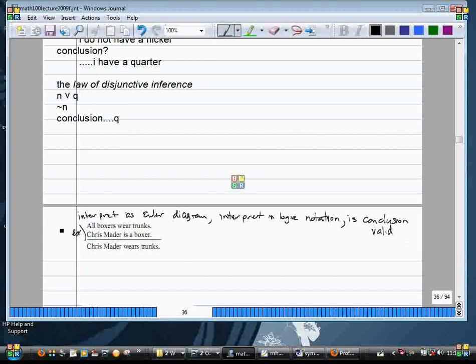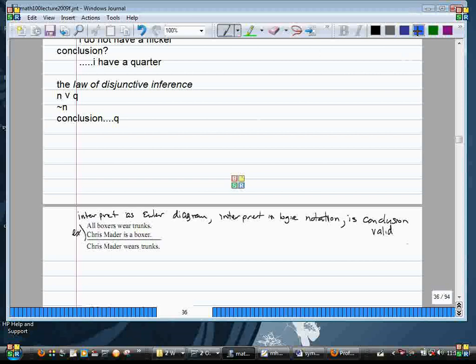All boxers wear trunks. Chris Mader is a boxer. Conclusion: Chris Mader wears trunks. So what can you tell me about this one? We're not going to say if it's true or if it's false. It's valid. Exactly.